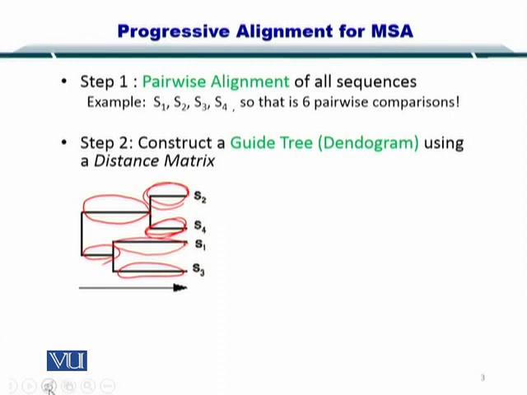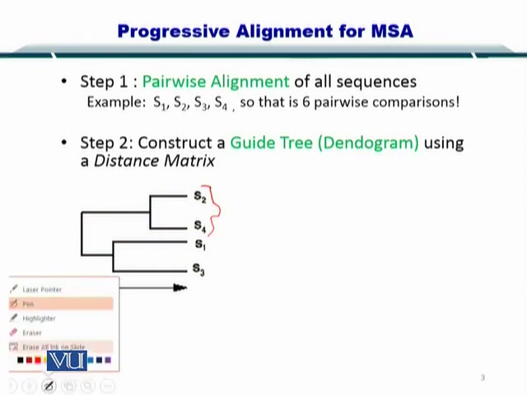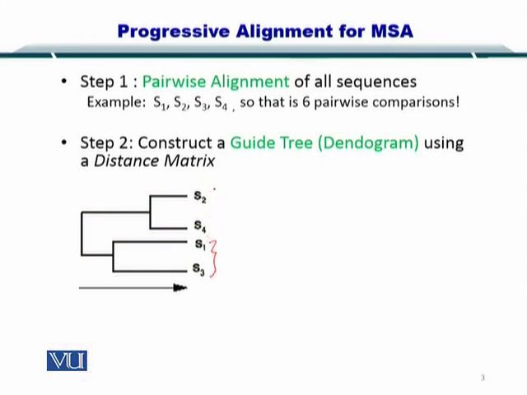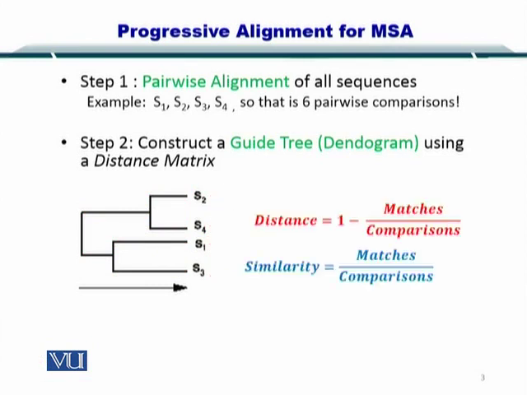So essentially it means that S4 and S2 are similar, while S1 and S3 are similar to each other. So how do you compute the distance matrix now that you know what is a guide tree? So the distance matrix is simply the distance equals 1 minus the number of matches over number of comparisons.